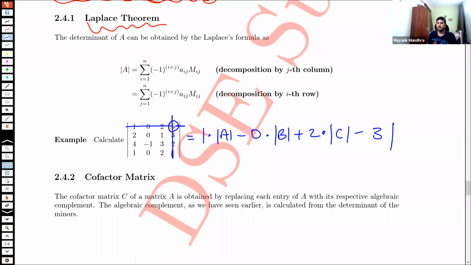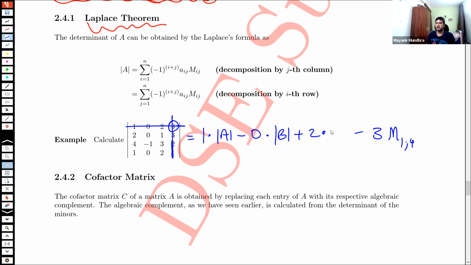Okay, so when you take any particular element, you just eliminate everything around it and you take the determinant of this. Now I know that when I eliminate the row and column of which 3 is a part, it becomes the minor of 1 comma 4, minor 1 4.